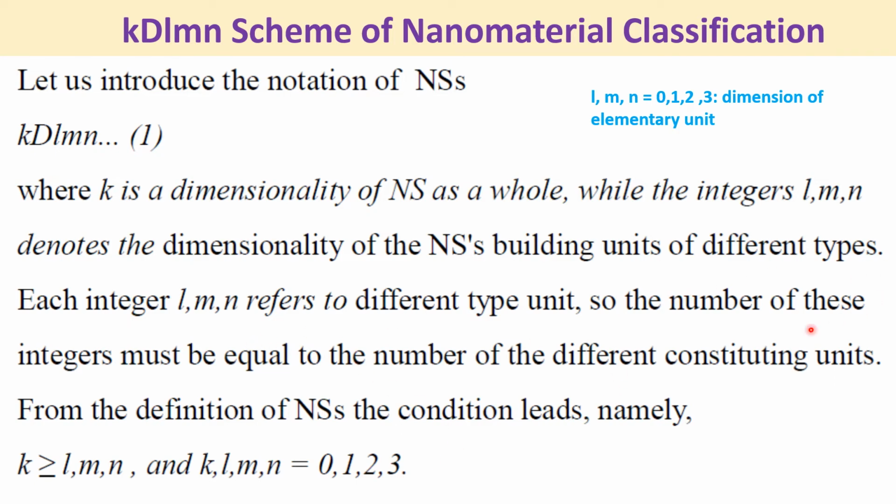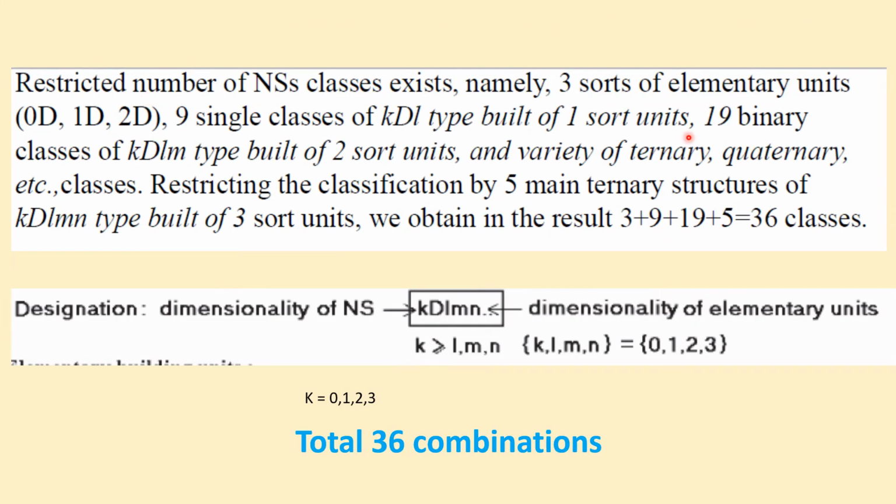Now we will see how it is used for classification. There are three elementary units: 0 dimension, 1 dimension and 2 dimension. 3 dimension is not included because a 3 dimension nanostructure is not elementary; it is made of these structures 0, 1, 2. So these are the elementary units. Then the kDl type will make 9 classes in which one unit, l, is there.